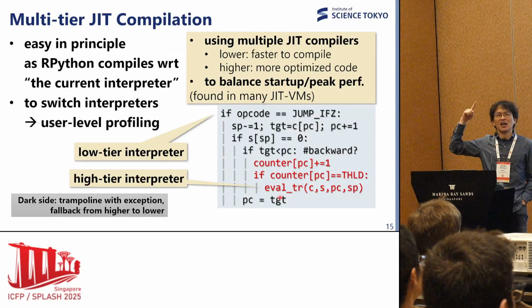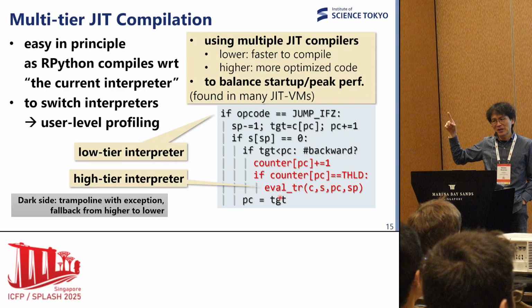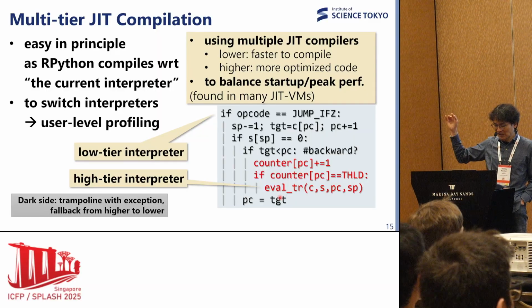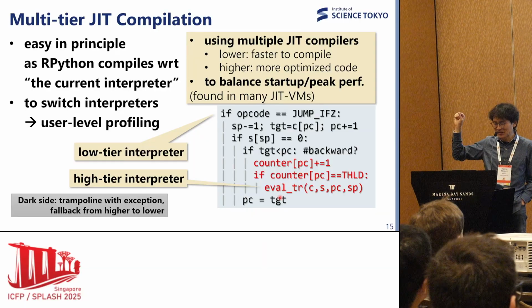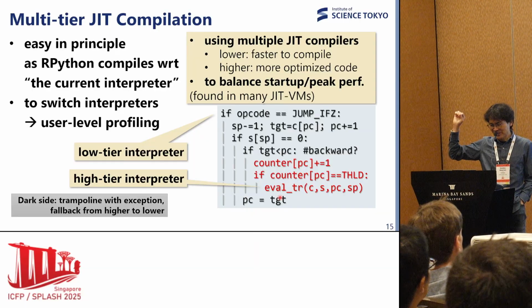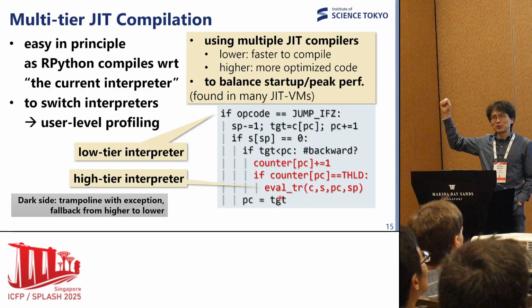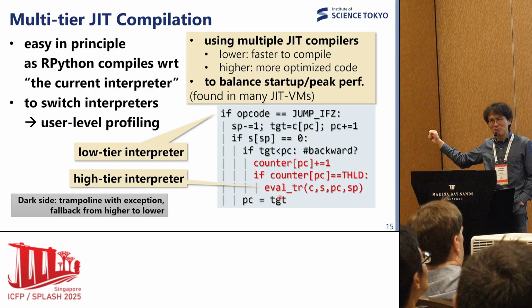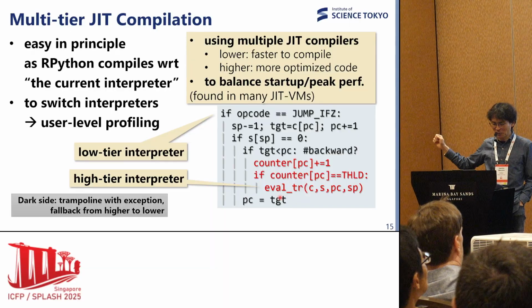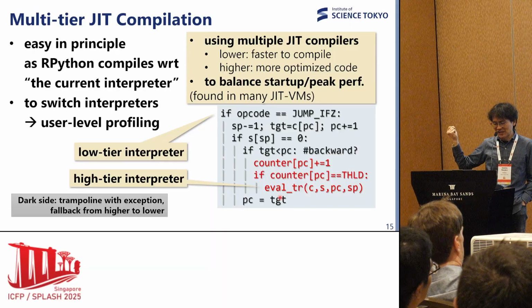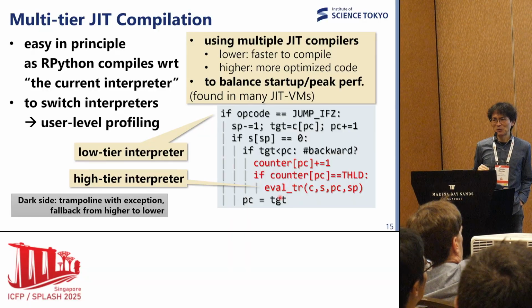Then the RPython framework automatically compiles the higher tier interpreter, which takes more time, but it produces faster code. Then we realize the multi-tier compilation.